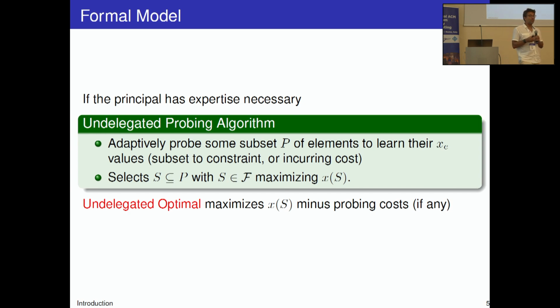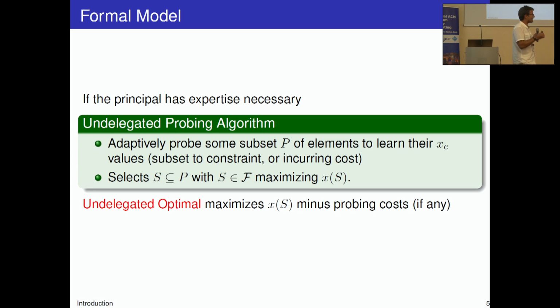So if you, as the principal, have the expertise necessary to go explore the data and solve the problem, what you do is you'd run what we call a probing algorithm, or a stochastic probing algorithm, if you've seen that literature. Here you adaptively probe some subset of the elements. Let's call that capital P. Learn their values x sub e. And again, your probing may be constrained, or you may have incurred cost in doing this.